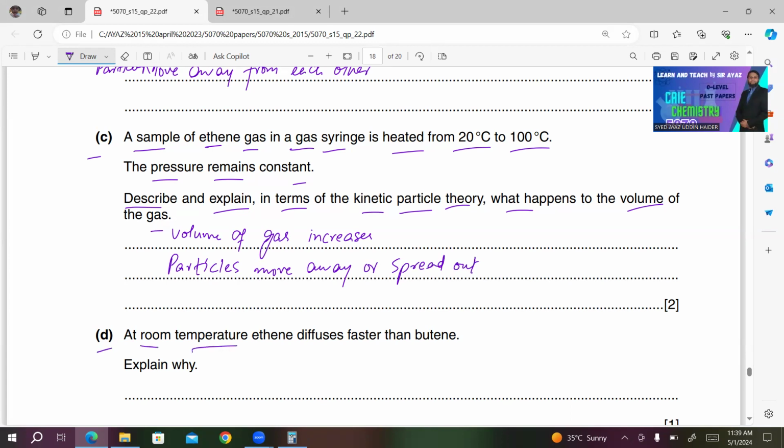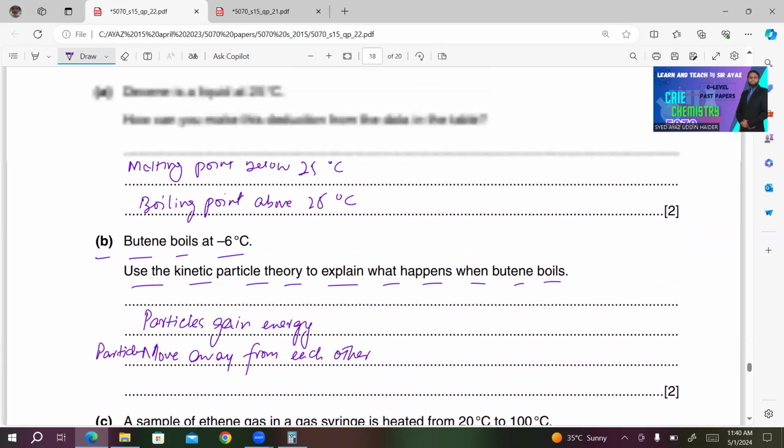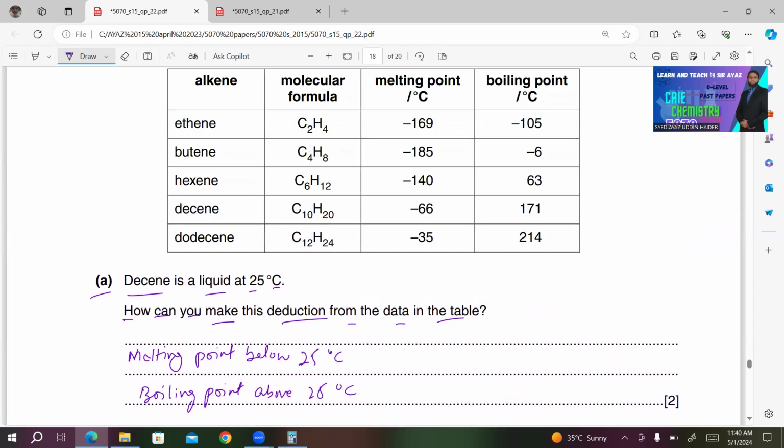D. At room temperature, ethene diffuses faster than butene. Explain why. We have ethene and butene. Coming back to the table, here is ethene, here is butene. C2H4 and C4H8. If you look at the molecular formula, it straight away indicates that butene has higher Mr than ethene.